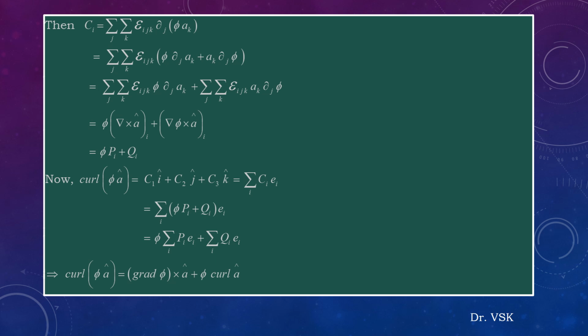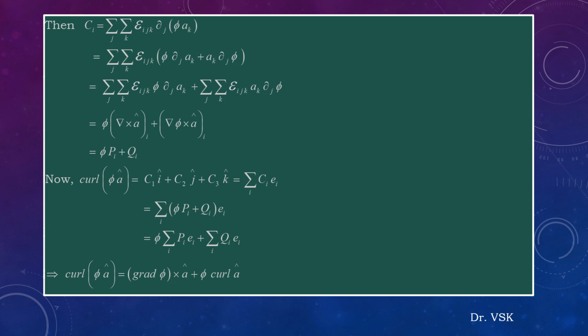Ci equals summation over j, summation over k, epsilon suffix ijk, dou j of phi ak. In this representation, we have to apply the product formula of derivative for dou j of phi ak.